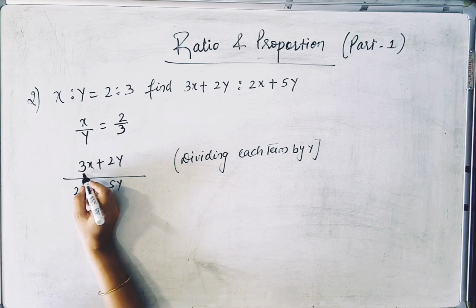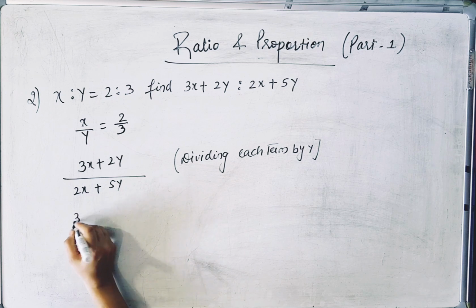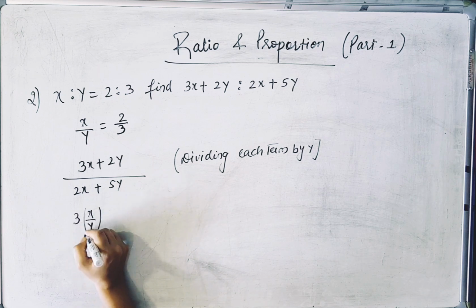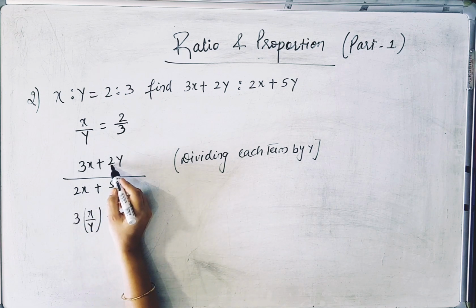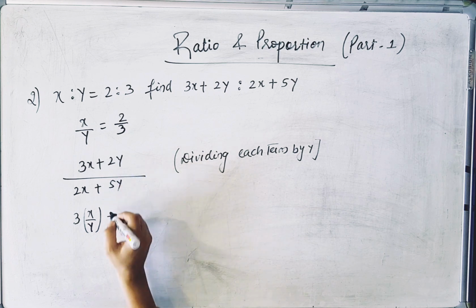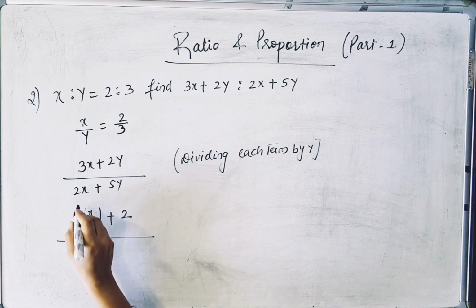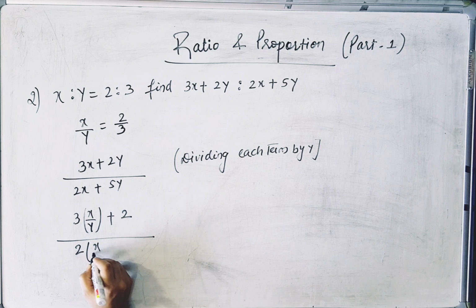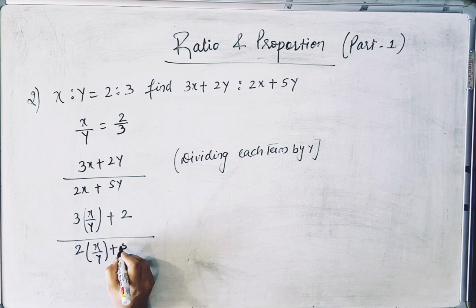If I'm dividing this term by y, I'll get 3x by y, plus, dividing this term by y, I'll get only 2. Similarly here, 2 into x by y plus 5.